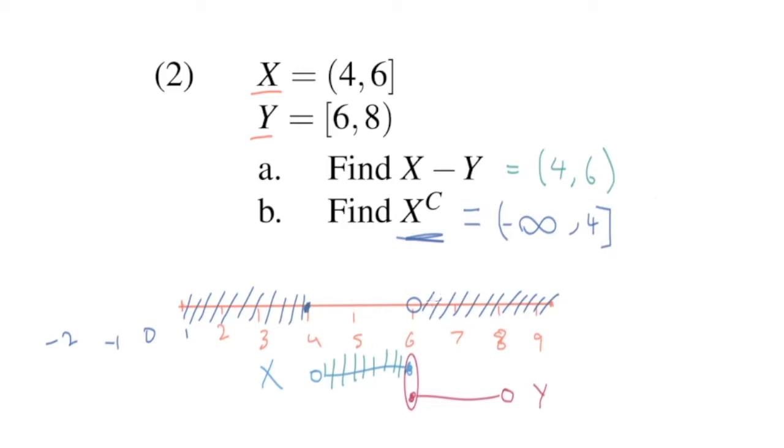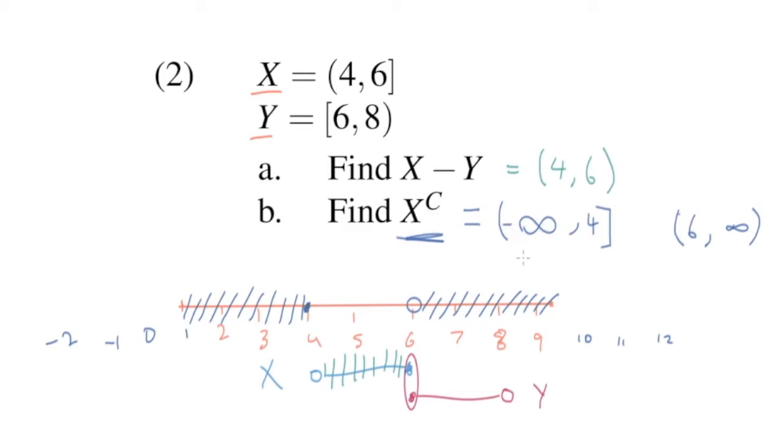And then the second interval, it starts at 6 but doesn't include 6. It doesn't include 6 because X includes 6. And then it goes all the way to infinity, right? Because this goes 10, 11, 12, and so on, until infinity. Okay, so we've got 2 intervals here. And the complement of X is going to be the total area that these 2 intervals cover.